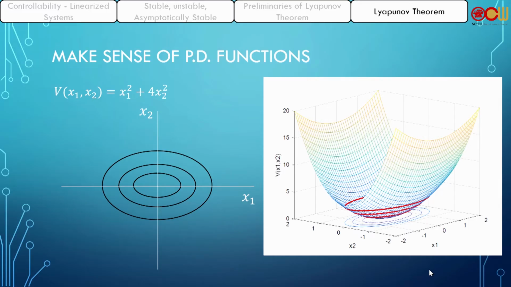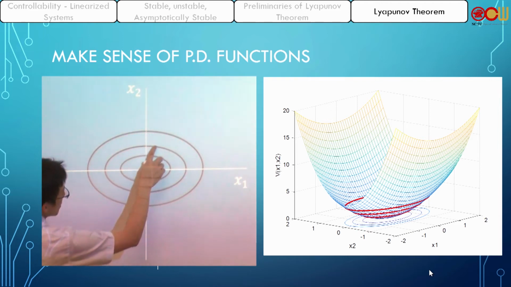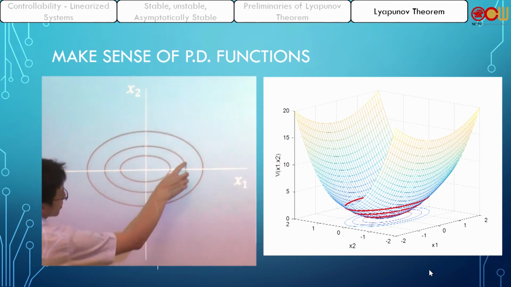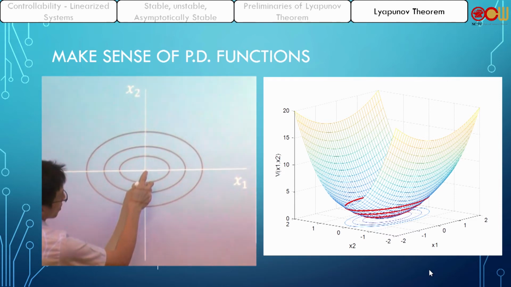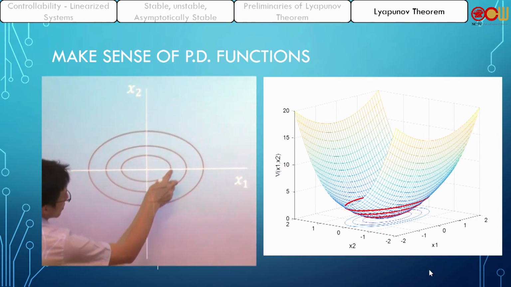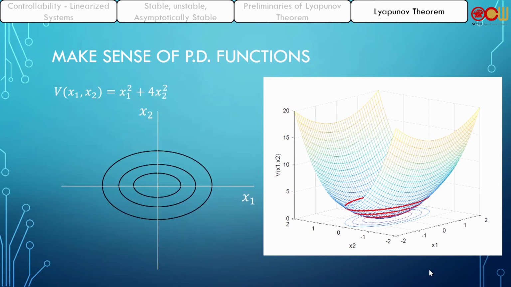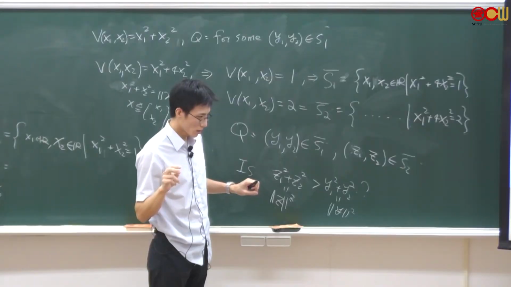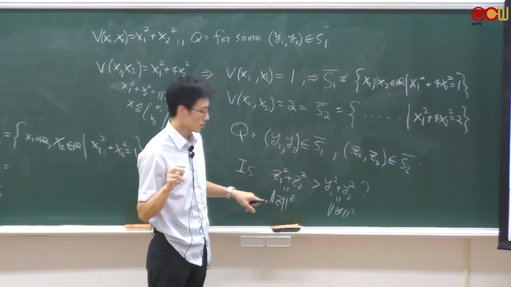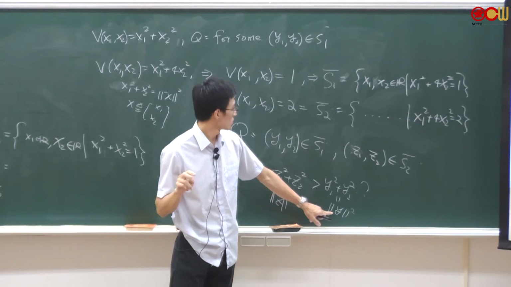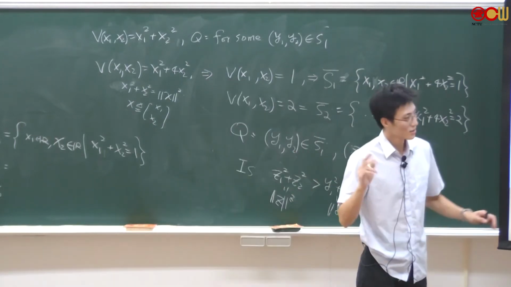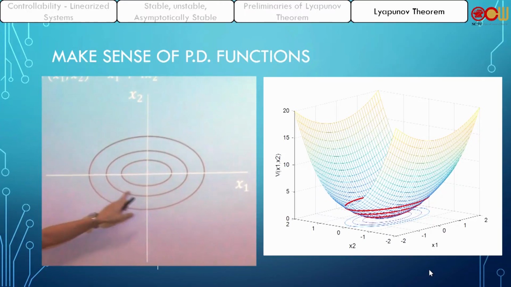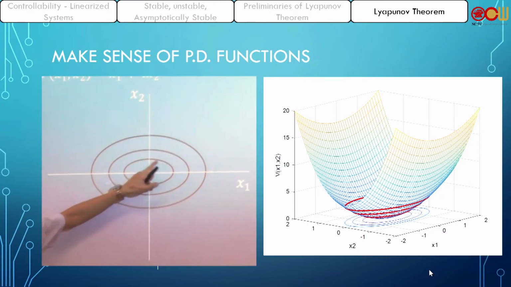That is to say, given any point on this level surface S1 and any point on S2, is the distance of any point to the origin always greater than the distance of any point on this orbit to the origin? So this is the distance to the origin, right? Given that y is in level set S1, z is in level set S2. You can consider it a satellite traveling on this orbit, a different satellite traveling on this orbit.